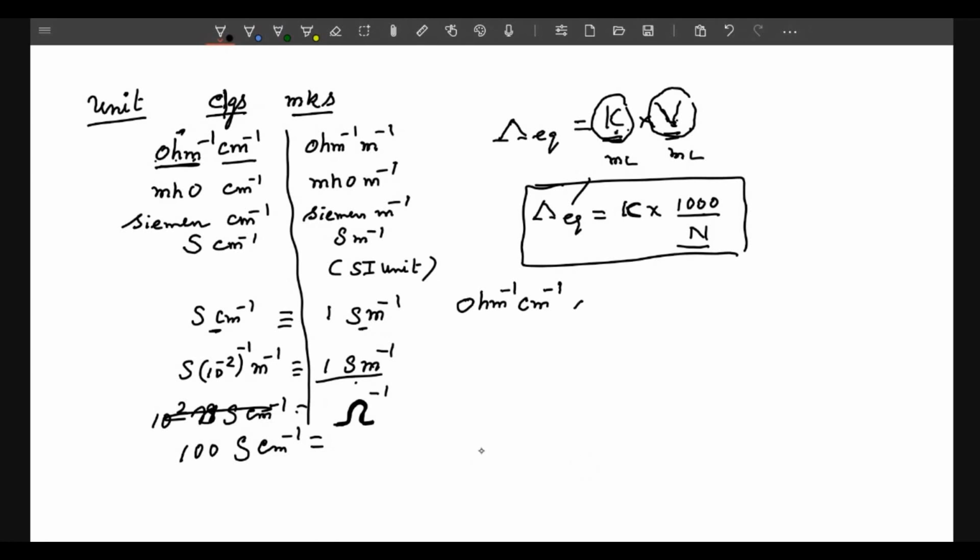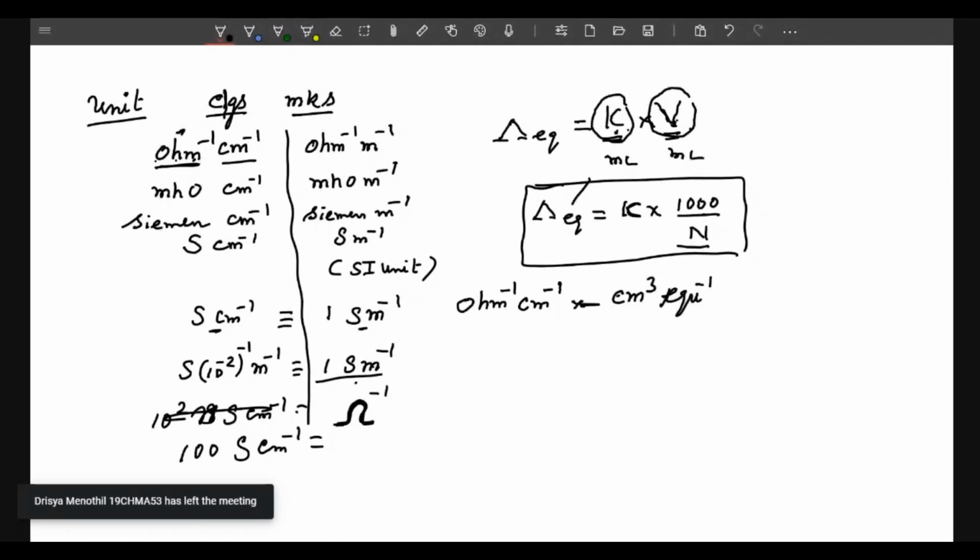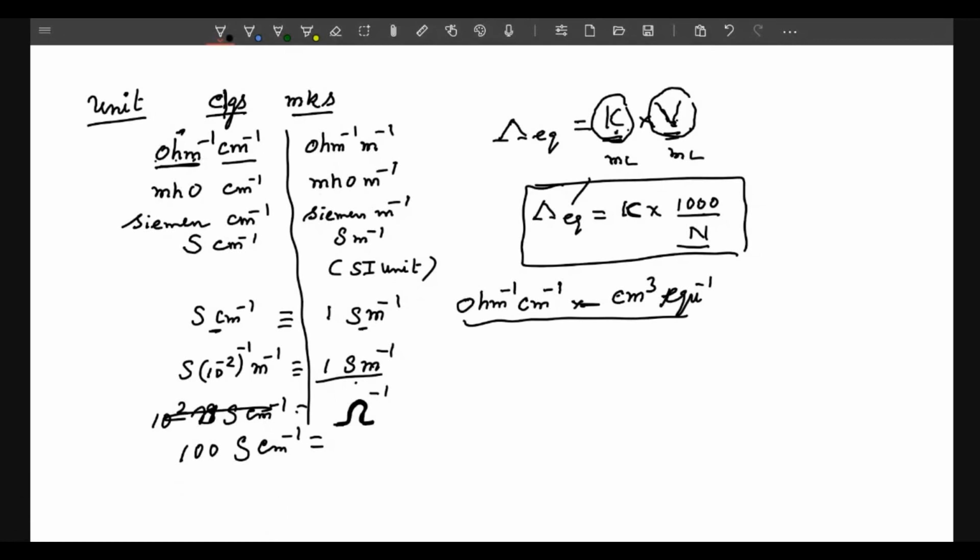And what is the unit for this one? So many cc per equivalent, per gram equivalent weight, or an equivalent weight consists of so many cc of the solution. Now join together, you will get the result as per ohm centimeter square per equivalent weight of the substance.